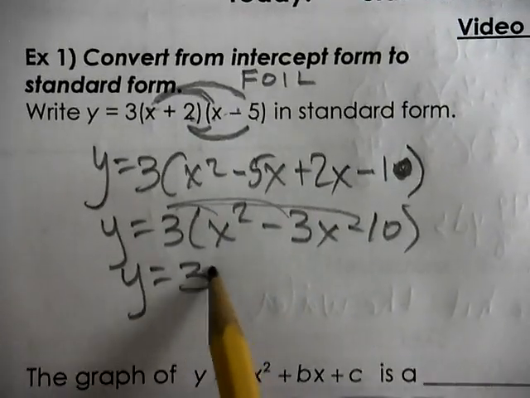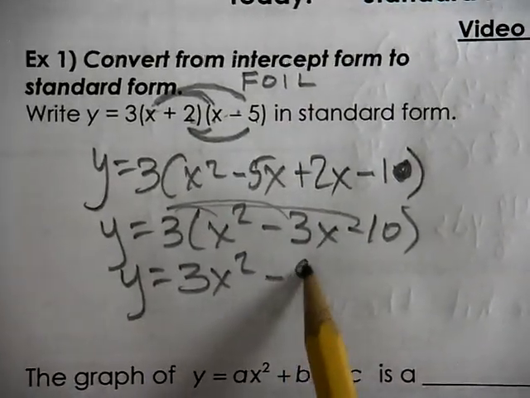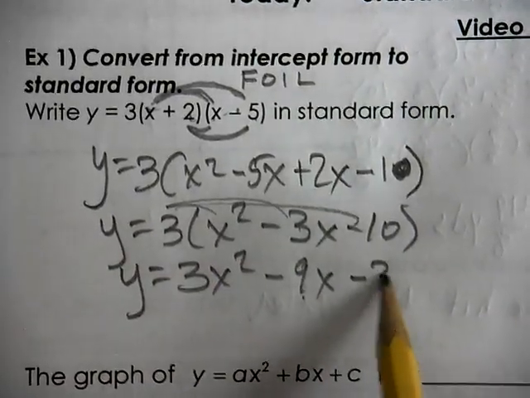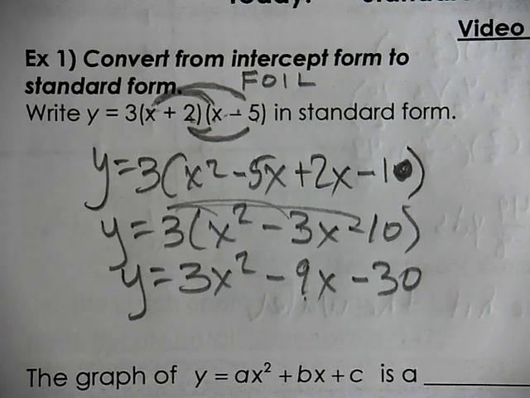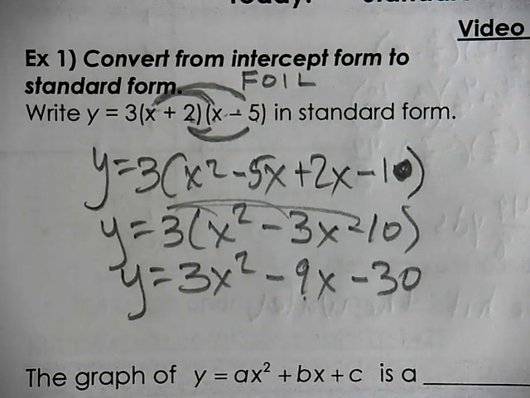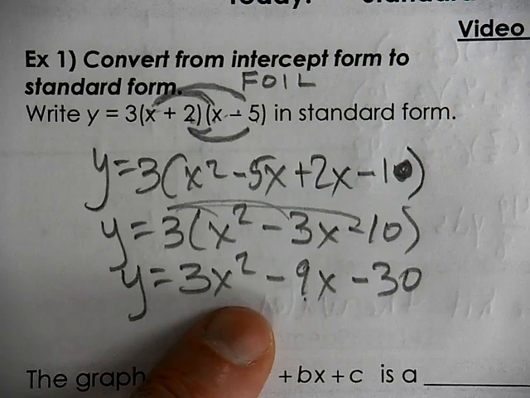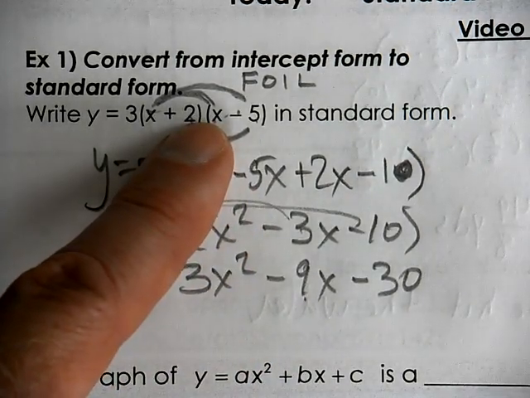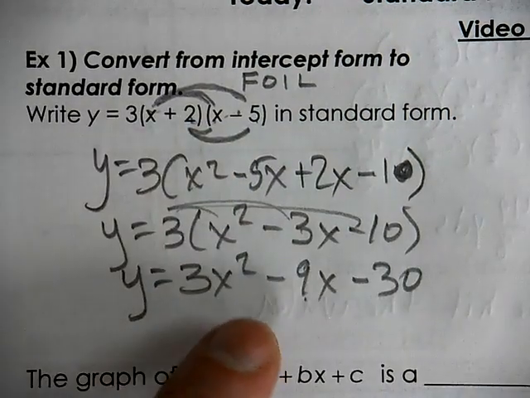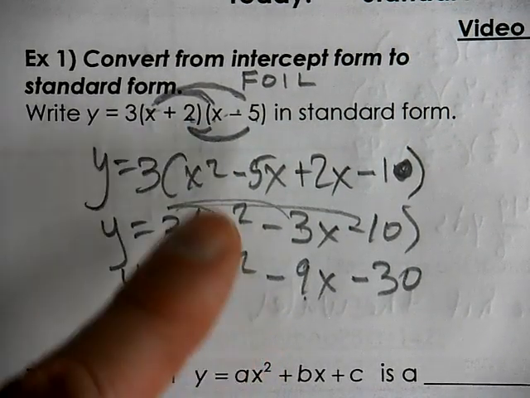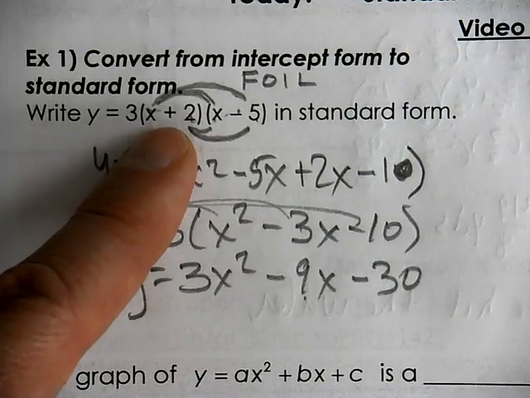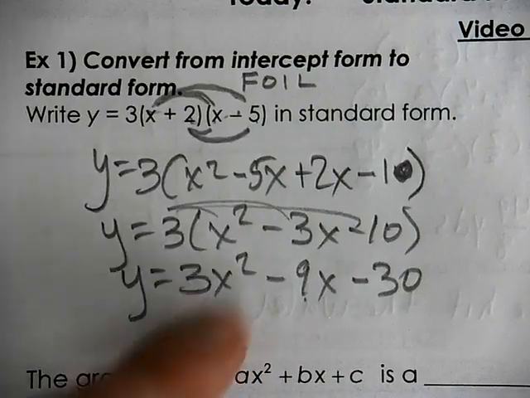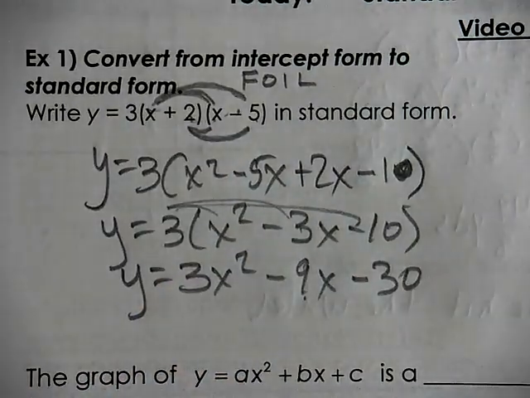So we get 3x squared minus 9x minus 30, because 3 times negative 3 is negative 9, and 3 times negative 10 is negative 30. There is your standard form that matches your intercept form. The table that this creates is the same table that the intercept form creates. The graph that this one creates is the same graph as that one.